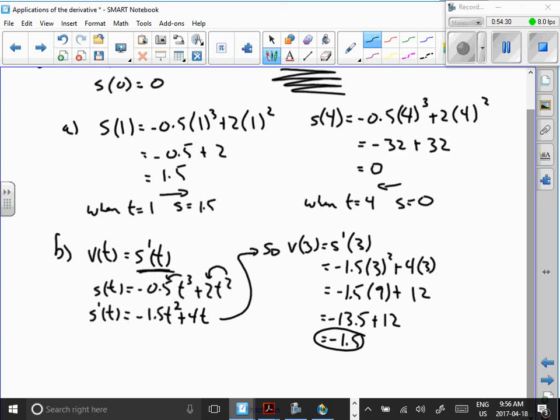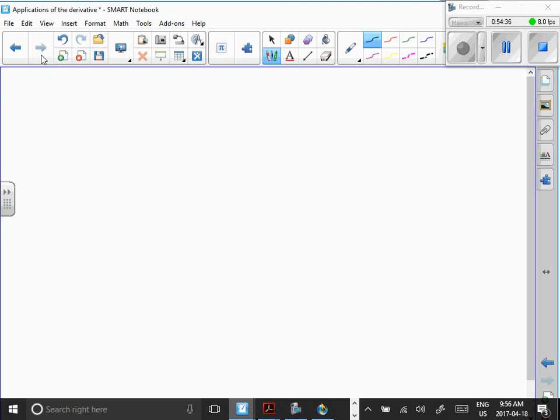Okay. For whatever reason, it's not letting me extend the page, so I'll have to do the second part of this on the next page. So now, V at 5 is going to be equal to S prime at 5.